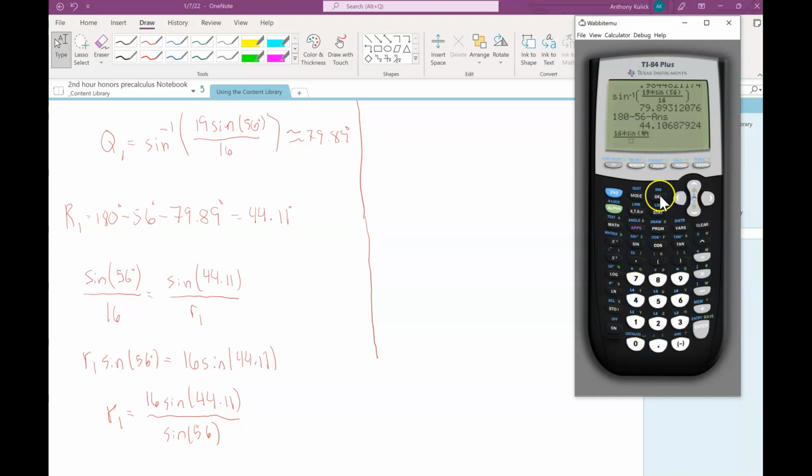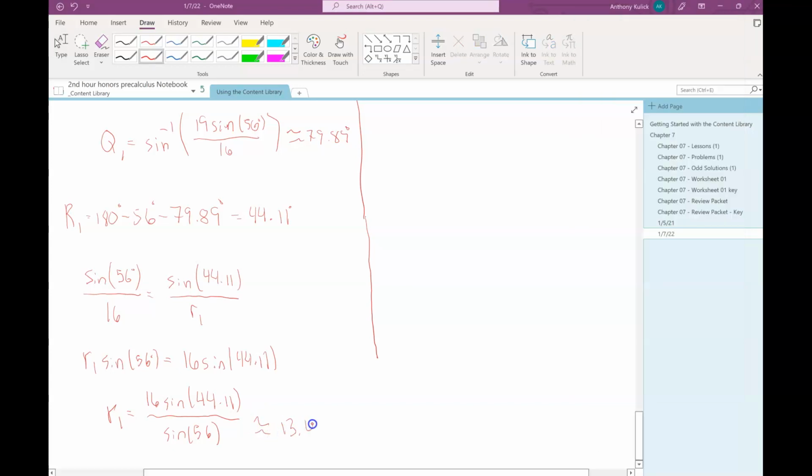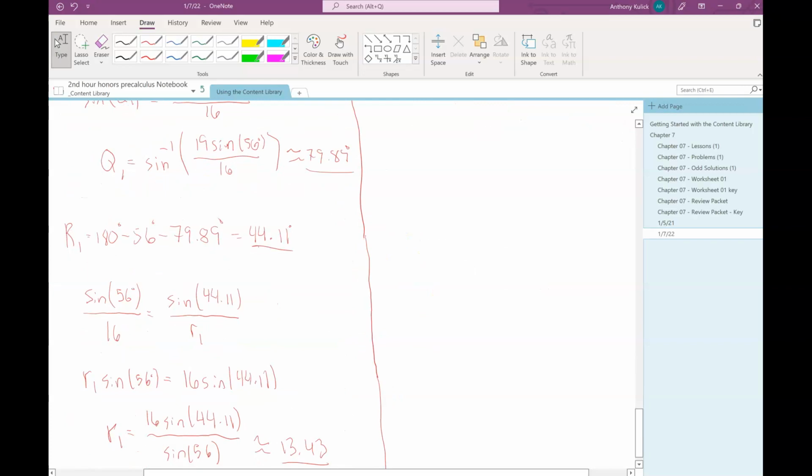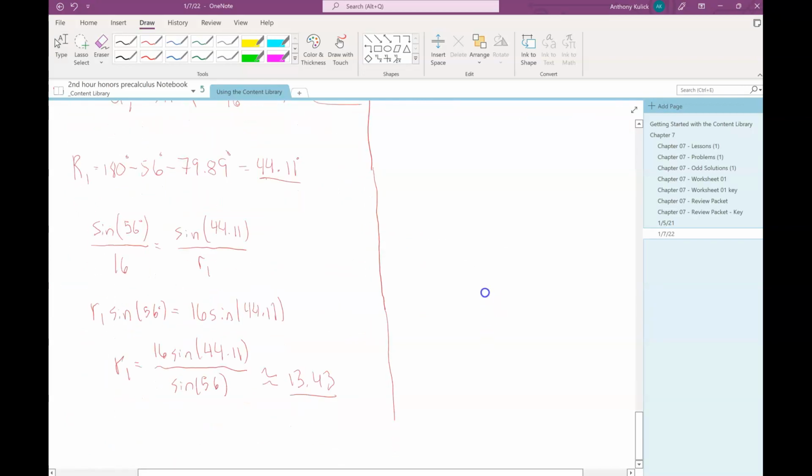Let's actually use that. Just steal the value. So that gives me 1343. So 4411. And then 1343. So that's all of triangle 1 is finished there for us.